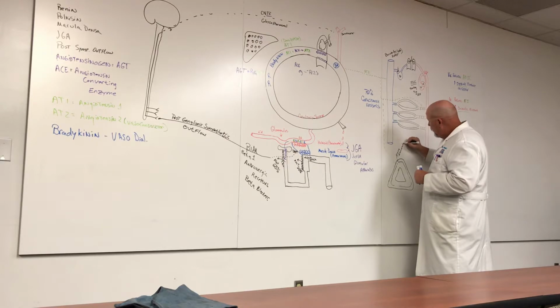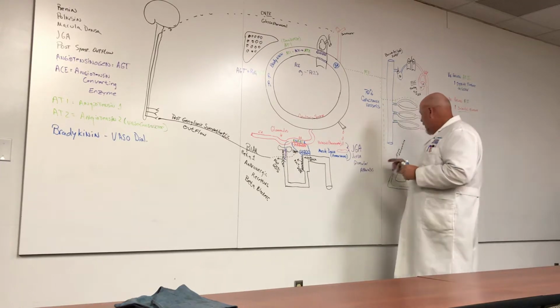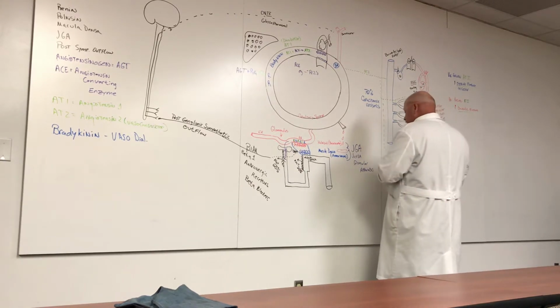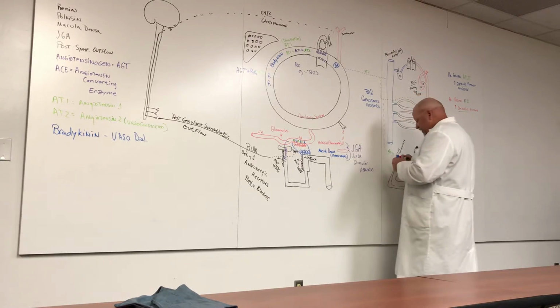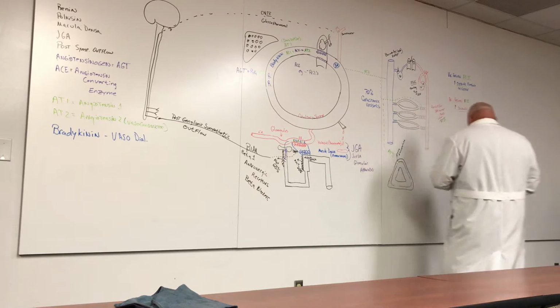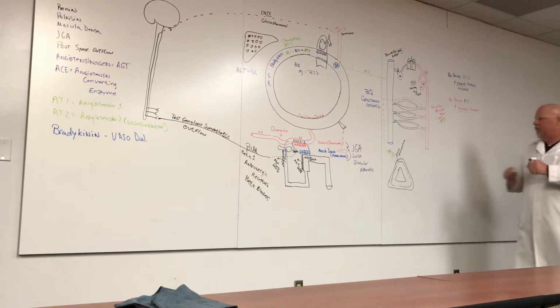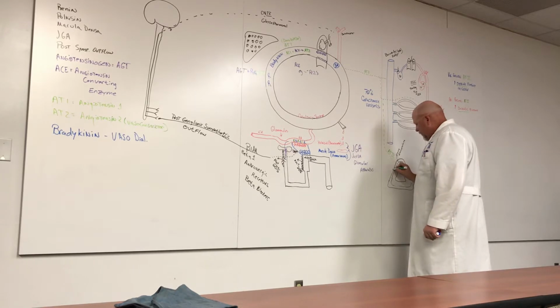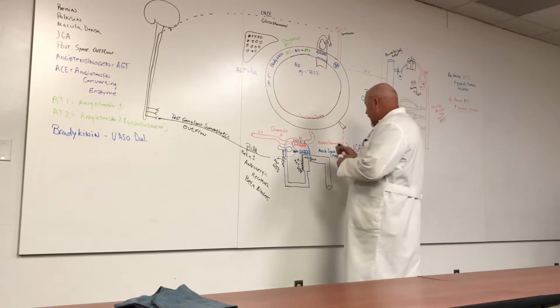Zona glomerulosa. Okay, now zona glomerulosa, after being stimulated by angiotensin II, will release what? It releases aldosterone.